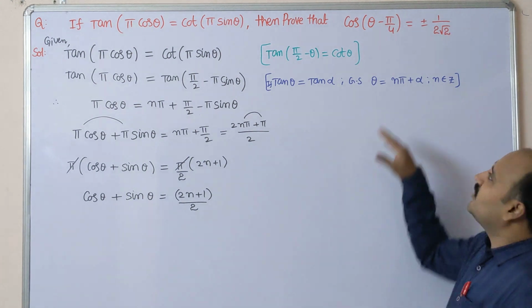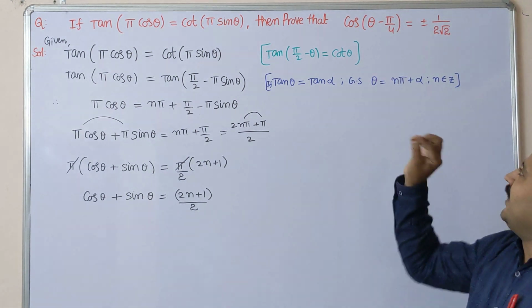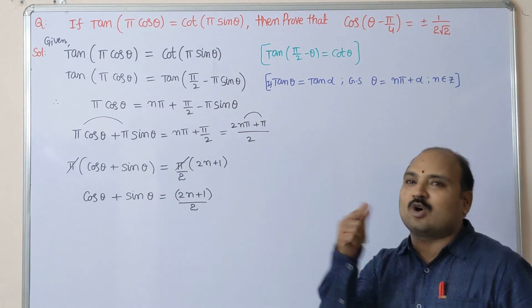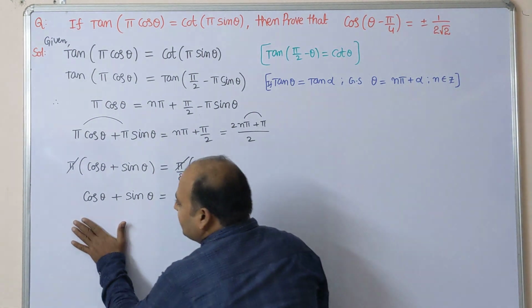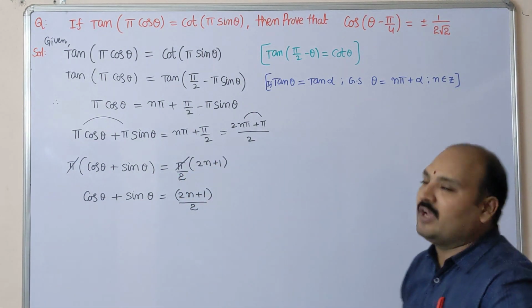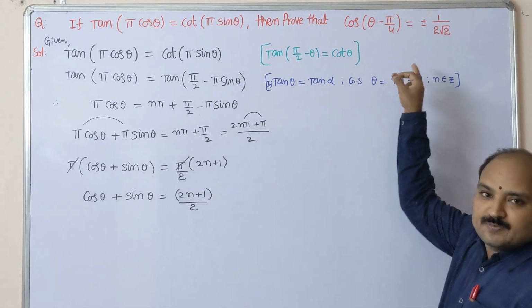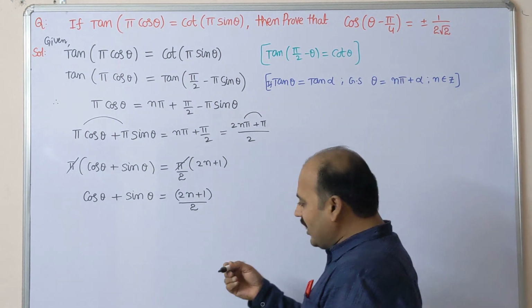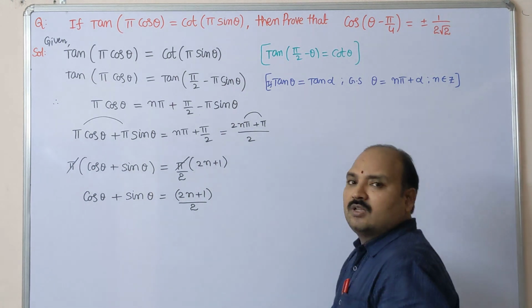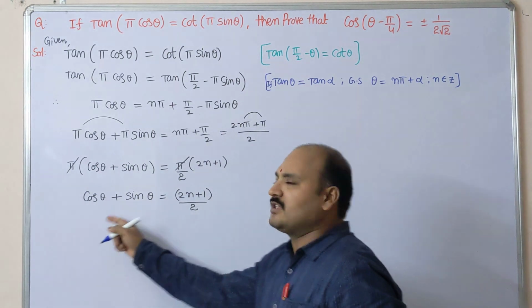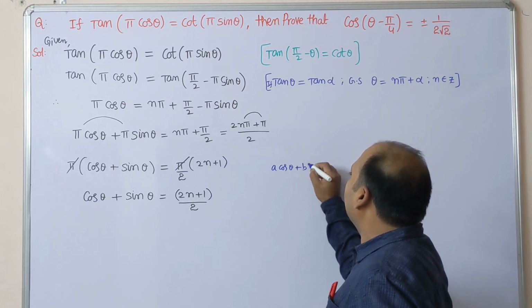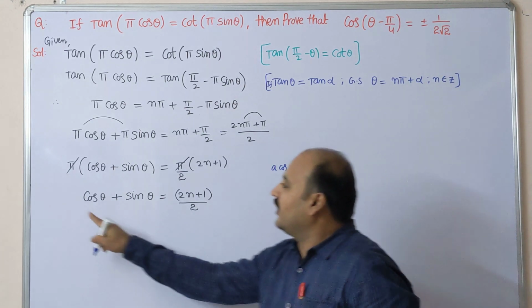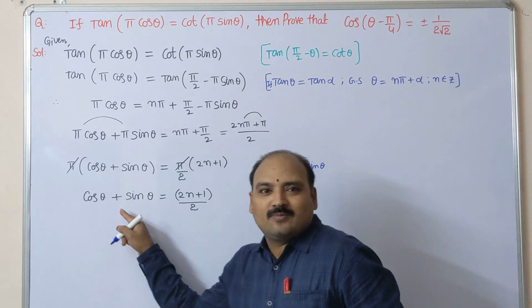Later on, they are asking to prove cos of theta minus pi by 4 equal to plus or minus 1 by 2 root 2. So this LHS value I want to make in terms of cos of a minus b. Whenever the form a cos theta plus b sin theta is there, here the a value is 1, b value is also 1.